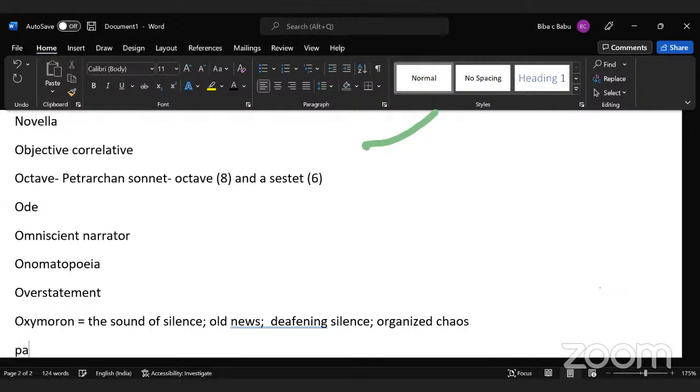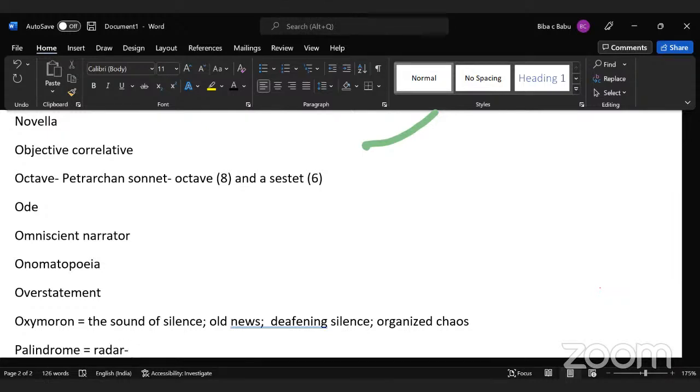Next is palindrome. Palindrome is actually very interesting. When you write a word in the exact reverse order, it will be the same word. For example, I am writing the word radar.